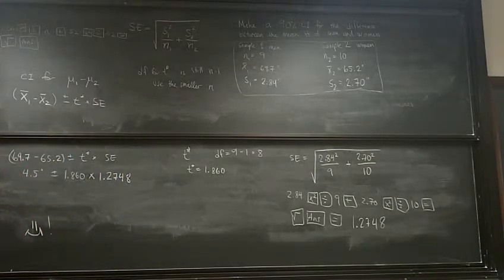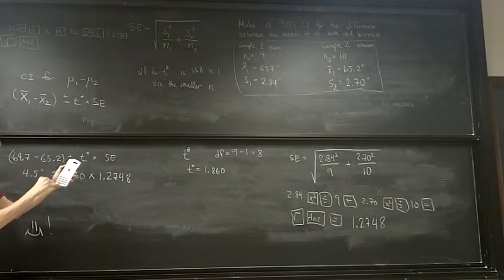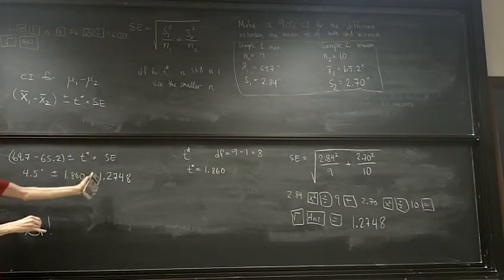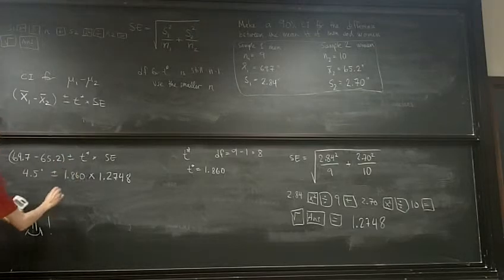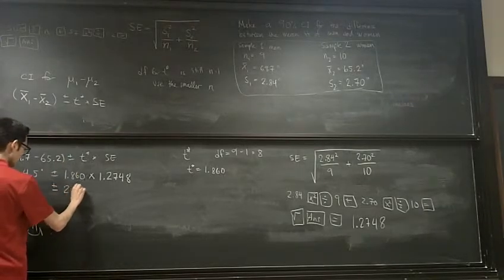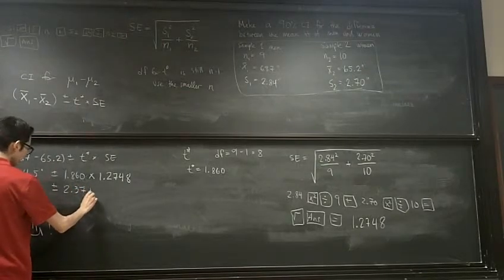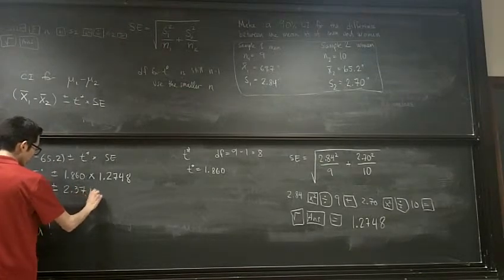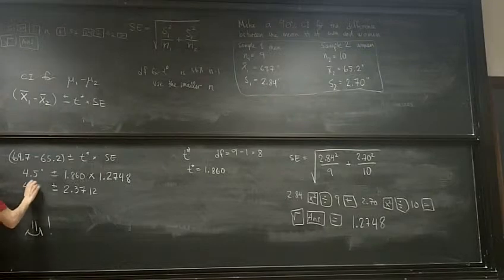If you just leave it in your calculator, you don't even have to worry about this rounding business. Just leave it in there and do times 1.86, and you get 2.37112 or whatever. So 4.5 plus or minus 2.3712.